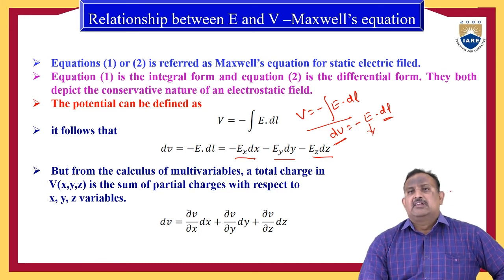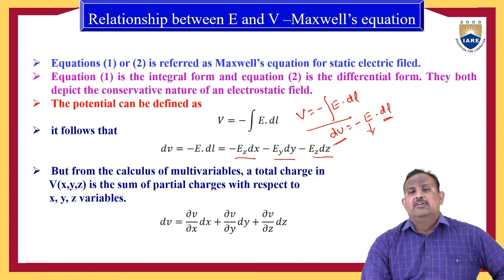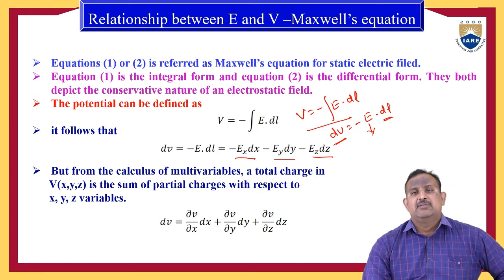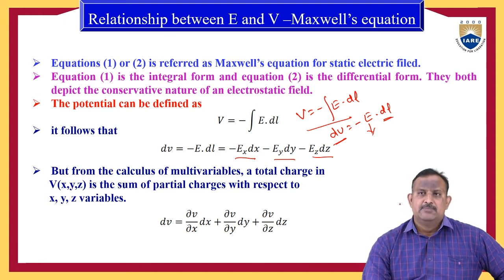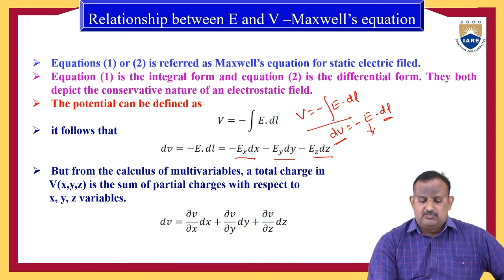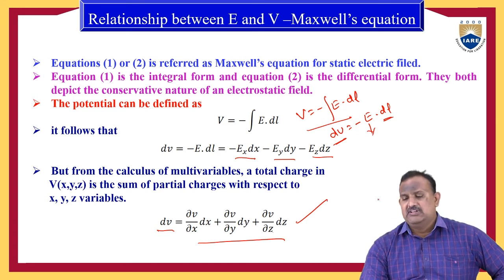But from the calculus of multiple variables, the total change in potential V of x, y, z is the sum of partial changes with respect to the x, y, z variables. Therefore, dV is equal to dou V by dou x dx plus dou V by dou y dy plus dou V by dou z dz. So it is a sum of the changes.